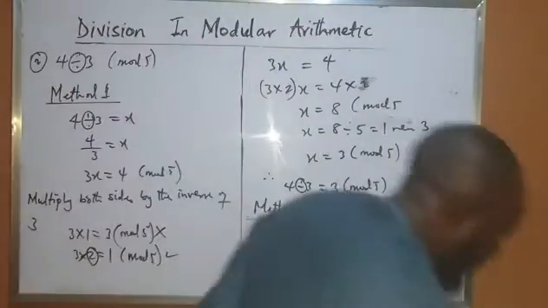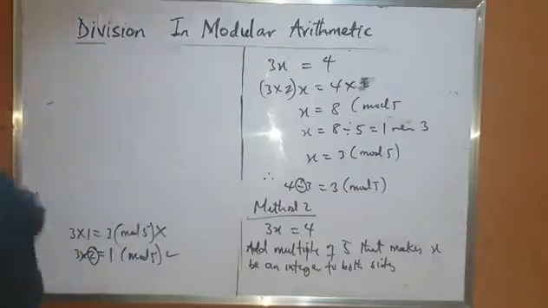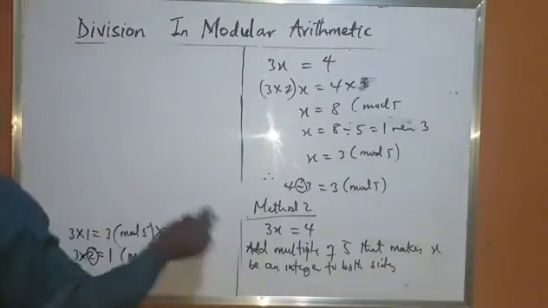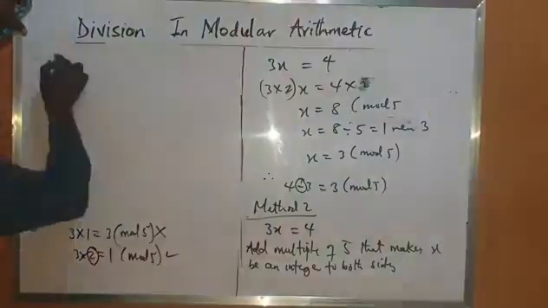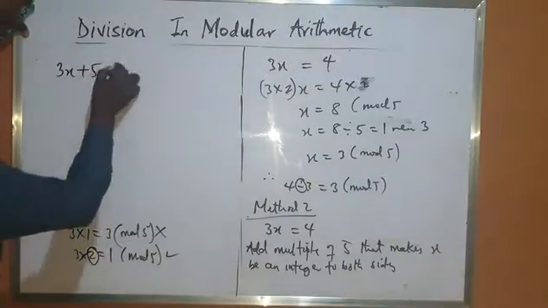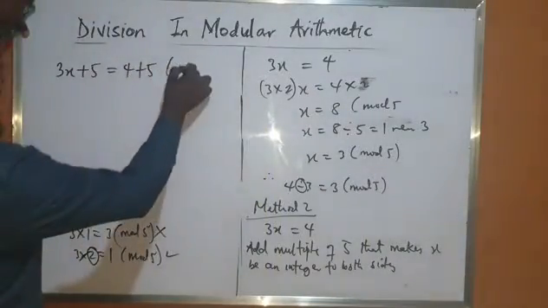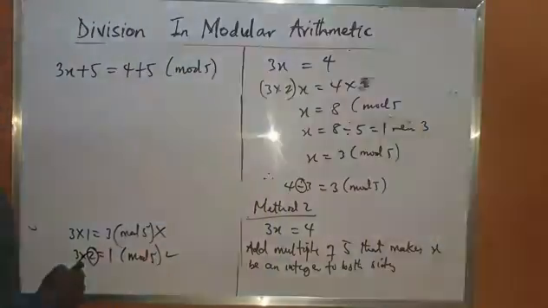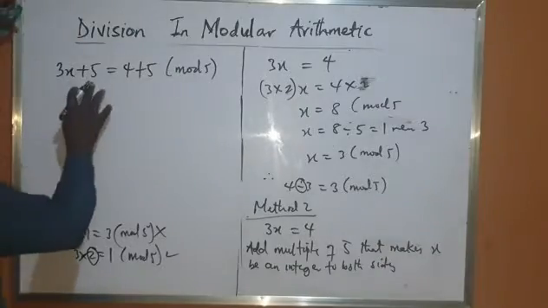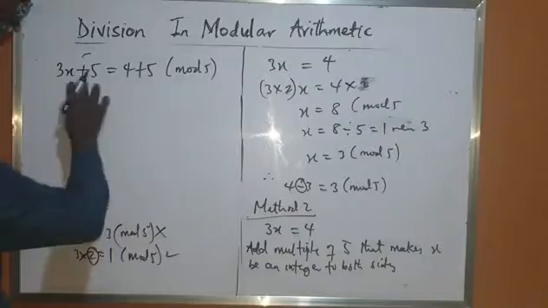So that means we're going to have this. For the first multiple of 5, it is 5. So 3x plus 5 equals 4 plus 5, right? Everything in mod 5. Let's check if this one will work out. So this turns toward 0 plus 5. So 5 in mod 5 is 0.